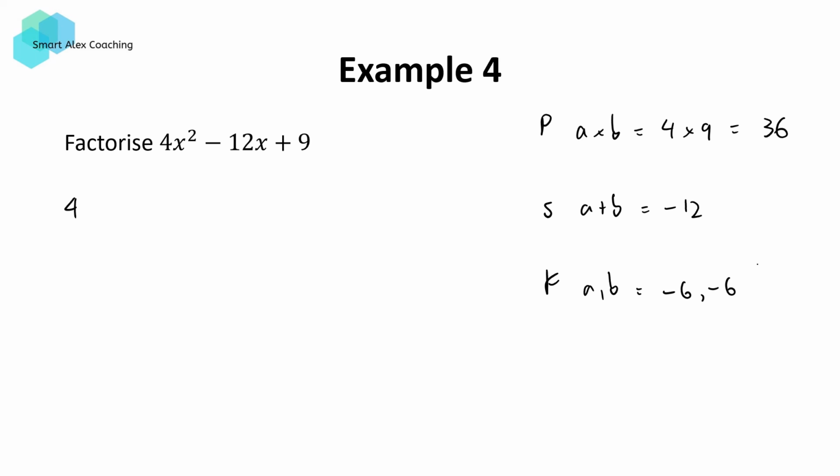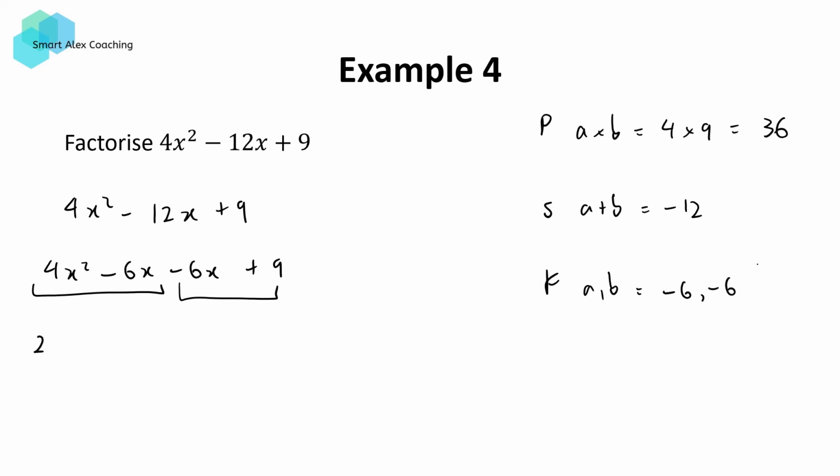Once we have that, we're going to break up 4x squared minus 12x plus 9 into 4x squared minus 6x minus 6x plus 9. Factorize by grouping in pairs. Take out the 2x as our common factor for the first pair. I'll get 2x times 2x minus 3. Take out the negative 3 for my second pair. I'm going to get negative 3 times 2x minus 3.